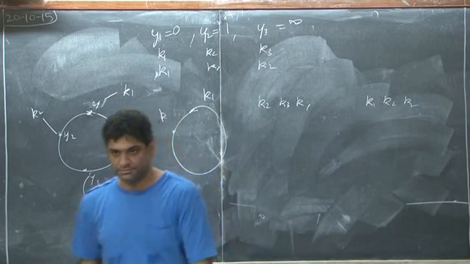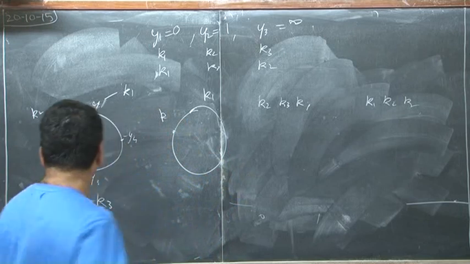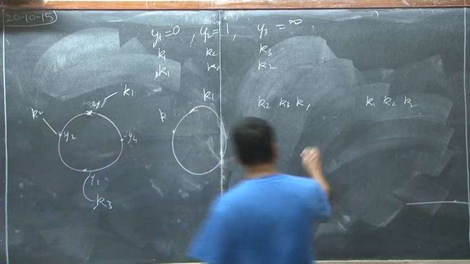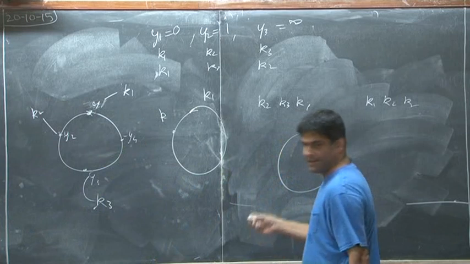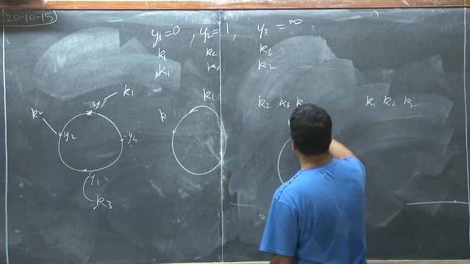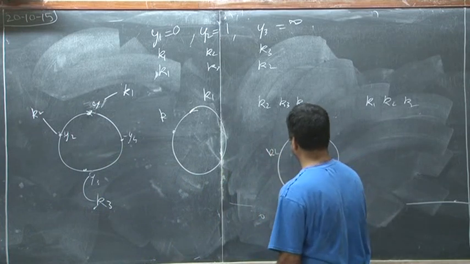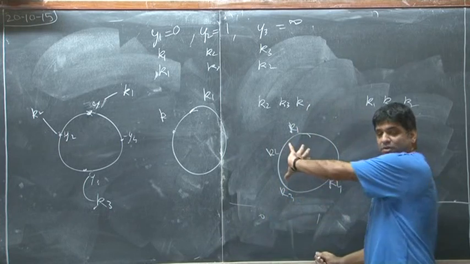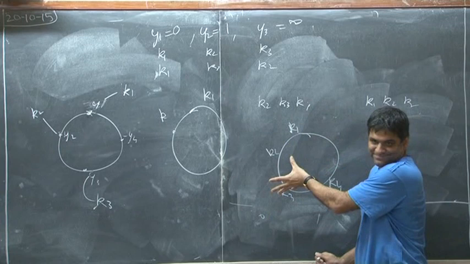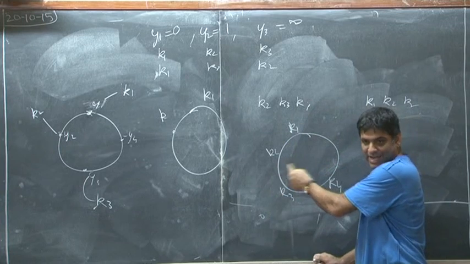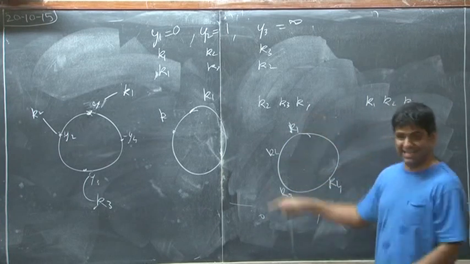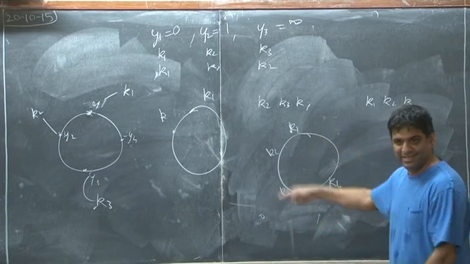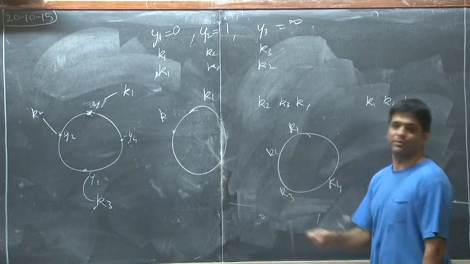You see, suppose we had 4 points, with the ordering K1, K2, K3, K4. You cannot use diffeomorphisms to change this order. While going around cyclically, let's say anti-clockwise, that is K1, K2, K3, you cannot change.